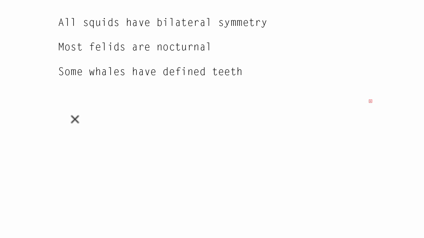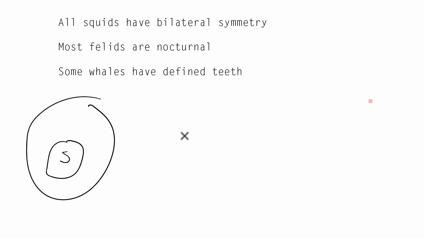So let's look at these three statements here. This first one is a universal quantifier. It tells us that all of thing A, in this case squids, falls within the domain of thing B, bilateral symmetry. In contrast, and we'll look at more statements than this, but I just want a couple examples.